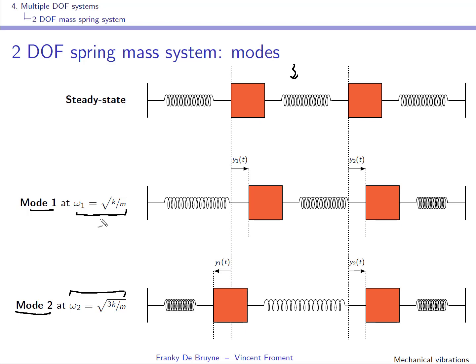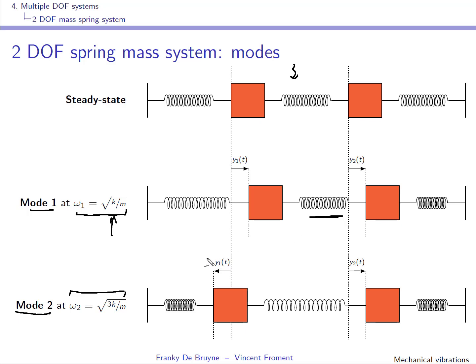The first mode corresponding to this eigenfrequency here, well, you see that y1 and y2 are moving in phase. This means that the length of this middle spring will always be the unstretched length.